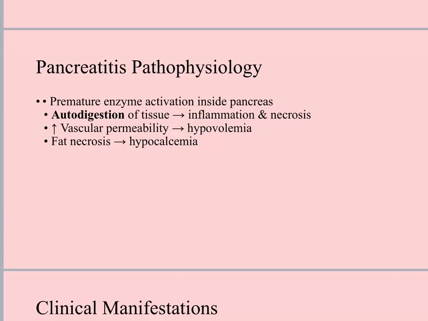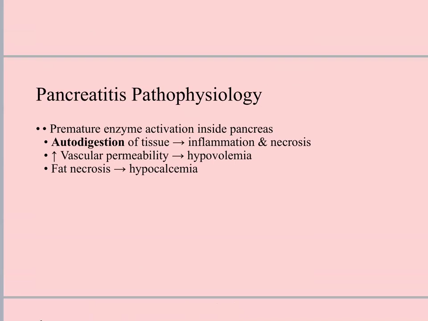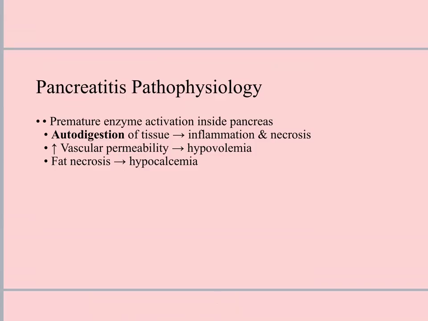So the key enzyme is trypsin, and it becomes active and it just starts this cascade of activating all these other enzymes. This whole process leads to inflammation, hemorrhage, and then tissue can even become necrotic.